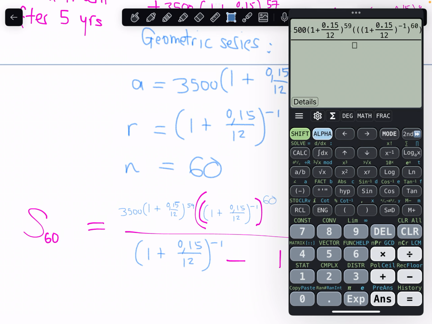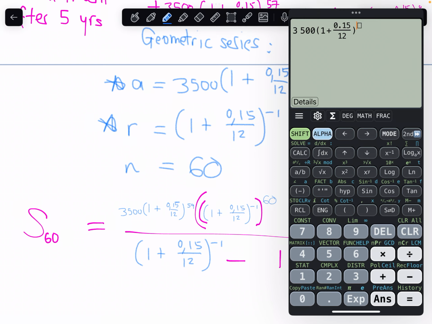We could have just multiplied those powers and written negative 60, sparing ourselves an extra bracket. Another useful thing we could do is store each of these numbers, and actually that's what I'm going to do because that's a lot less hairy. After all of that typing, I was pretty much at the finishing line and then I chickened out.